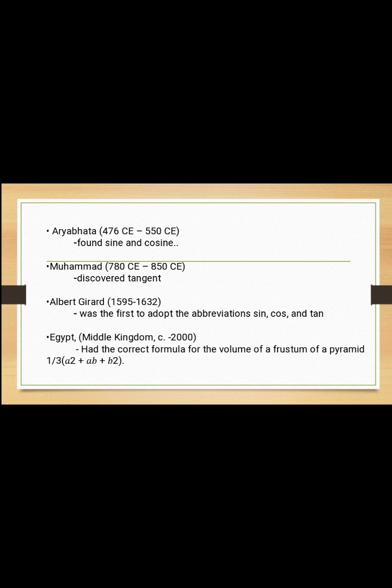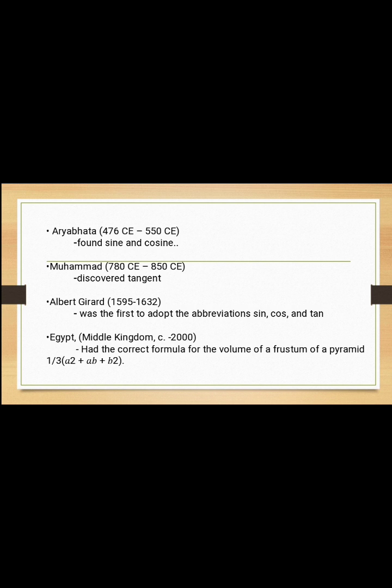From 780 CE to 850 CE, Muhammad discovered the tangent, and Albert Girard, from 1595 to 1632, was the first to adopt the abbreviations sine, cos, and tan.